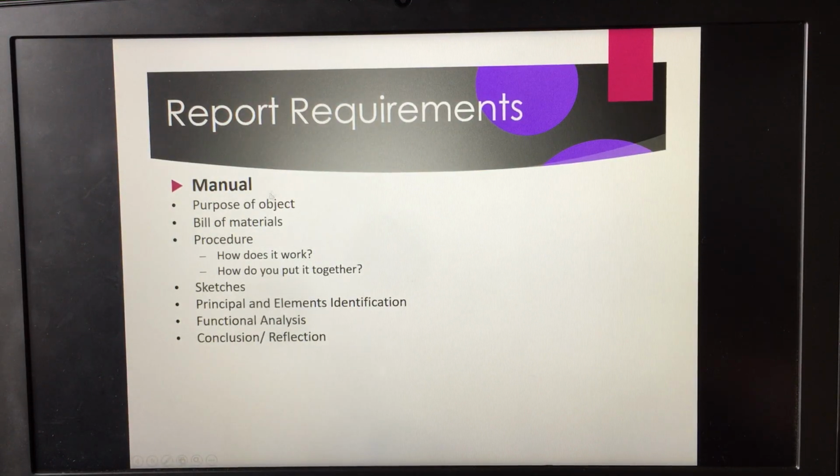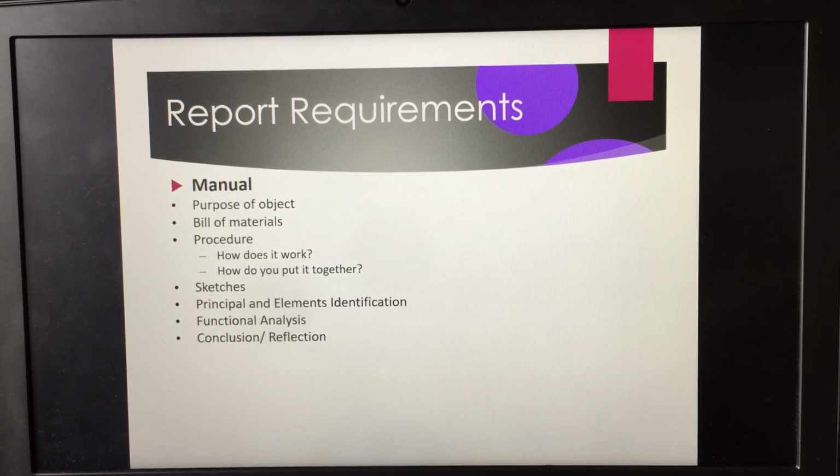Your report is going to have the purpose of the object. So you need to identify, say, a flashlight. What is the purpose of a flashlight? Next, you're going to have a bill of materials. That bill of materials would be, once you take the flashlight apart, what parts are existing, how much would each individual piece cost: bulb, wires, plastic part, switch.